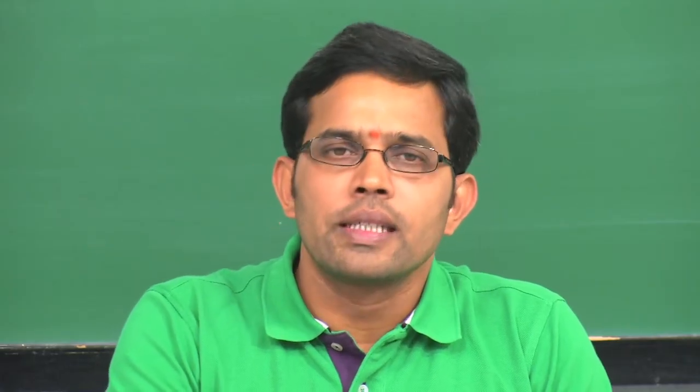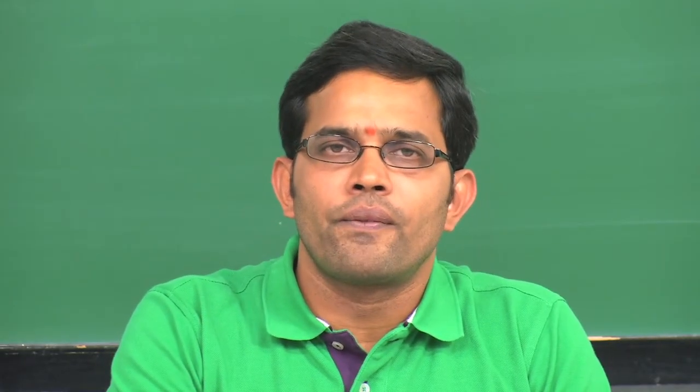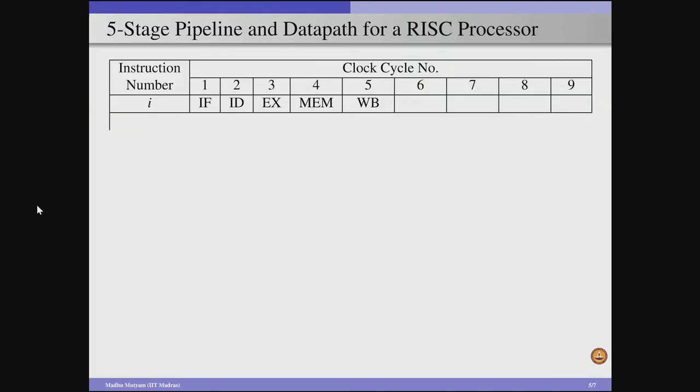So having discussed this, the pipelining of the instruction execution, now we will see how each of these stages will follow. When an instruction I is issued in cycle 1, it will be in the instruction fetch stage. In cycle 2, it will go to the ID stage, so that now the instruction fetch stage is free.